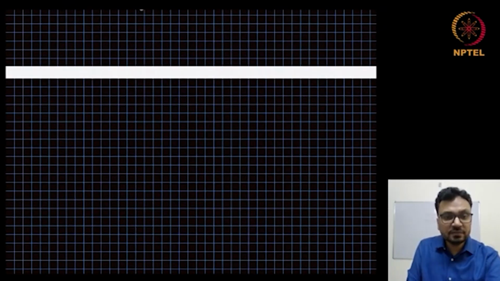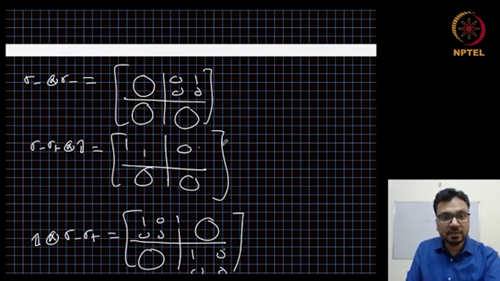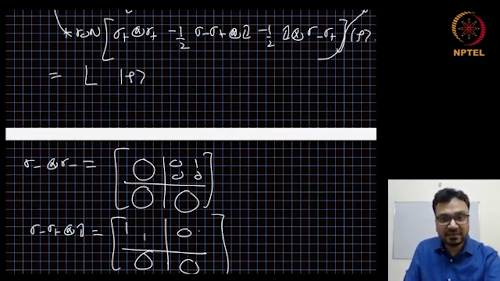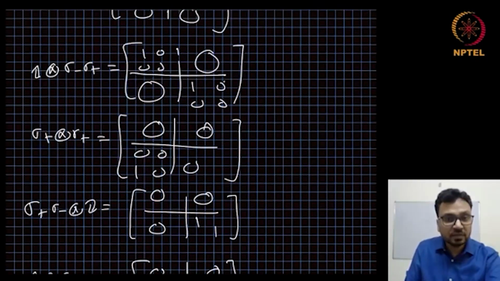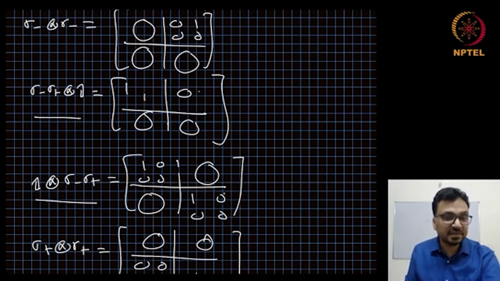Now we have all the operators we wanted, so our L becomes a big matrix. The first term is sigma minus tensor sigma minus with a coefficient gamma naught (n plus 1). The second is minus half times sigma plus sigma minus tensor identity, and minus half times identity tensor sigma plus sigma minus. These two terms come with minus half gamma naught (n plus 1).